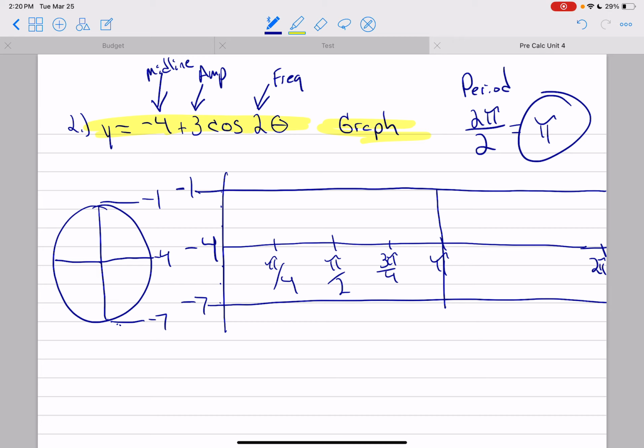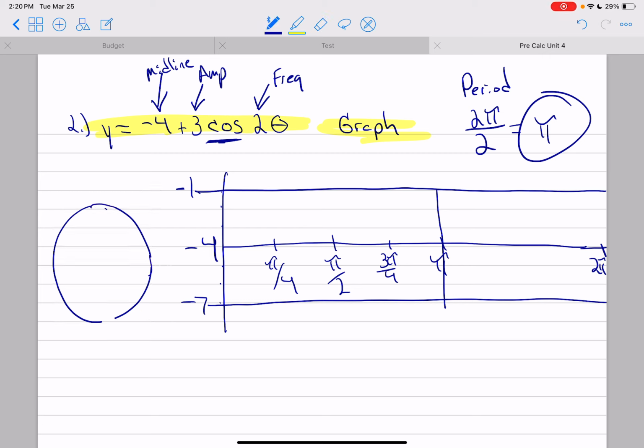Oops, what mistake did I make? Ha ha, what mistake did I make? I was looking at sine, but I need cosine. So let's fix this. Cosine means that the midline should be the pole, not the ground.